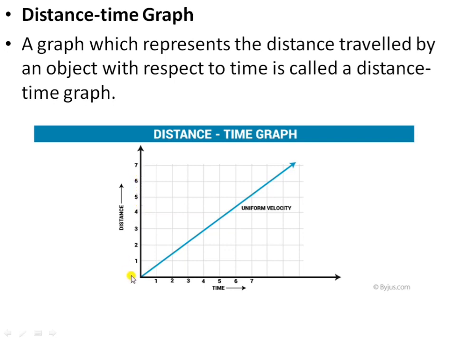Next, mark the points representing the time in seconds, minutes or years at equal distances along the x-axis. Similarly, mark the distance in meters or kilometers at equal intervals on the vertical line. Then plot the time on the horizontal line and the distance on the vertical line.